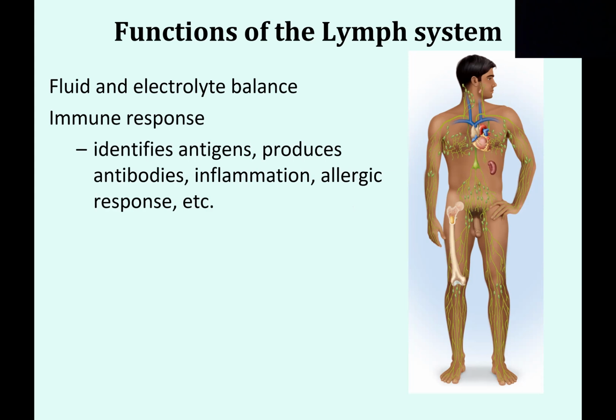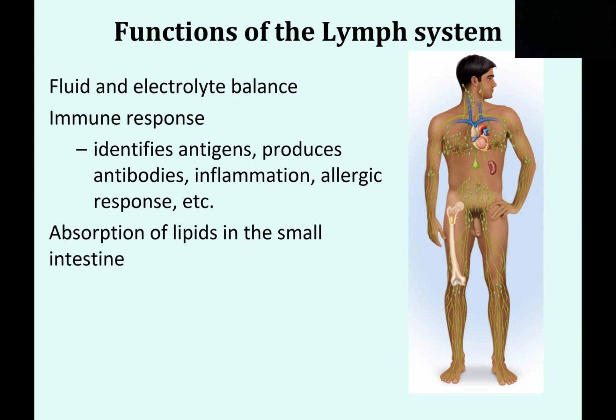So, some, but not all, of immune responses include identifying antigens, producing antibodies, inflammation, and allergic responses. Again, there are many others that are also part of this large volume of activities. These are a few.